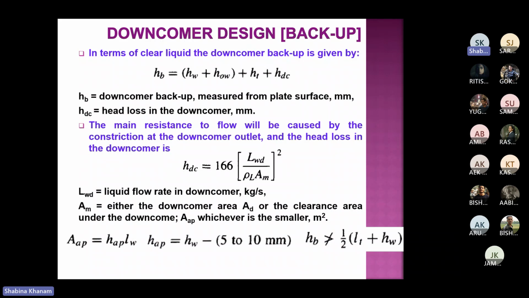LT means plate spacing, and when you change the plate spacing, all calculations from column diameter will change, because if you recall the flooding velocity, it depends on K1, and K1 depends on the plate spacing.